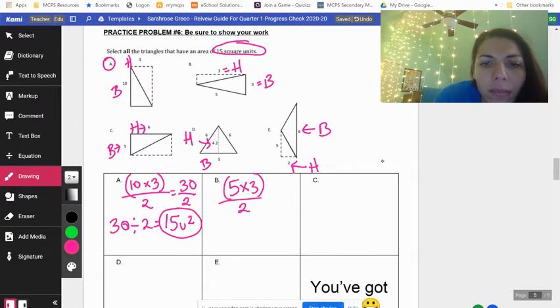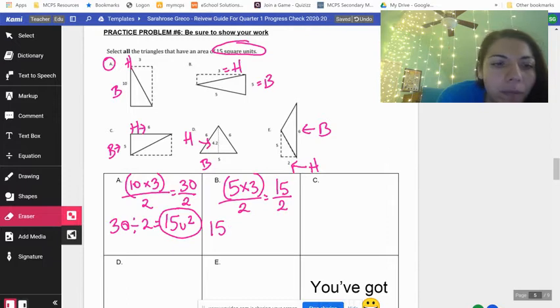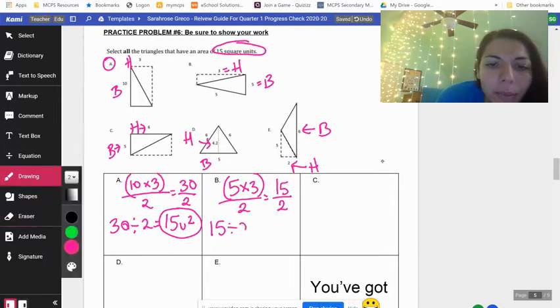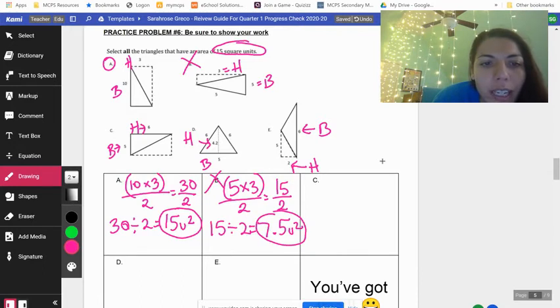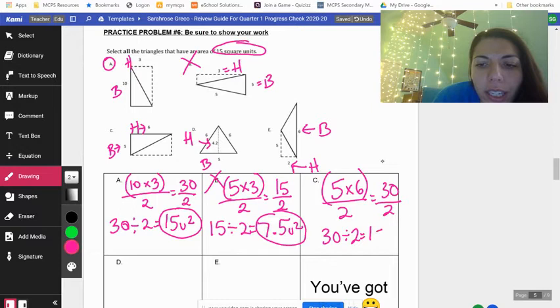It's not going to work because I get 15 divided by 2. And we saw up above that 15 divided by 2 is 7.5 units squared. And that is not 15. So B is out. For letter C, my base I said was 5. My height was 6. I think this will work because 5 times 6 is 30, and 30 divided by 2 is 15 units squared. Good job.